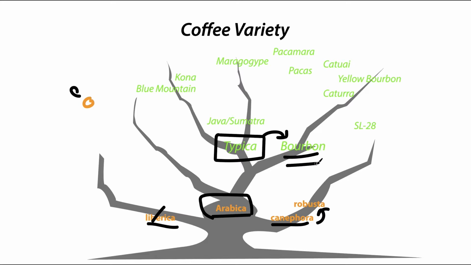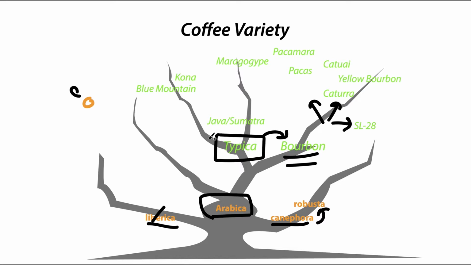From here, it started to change into these little different varieties, and that's what we have today. But we also have Bourbon, which is like the original genome-changed variety as well. And then Typica is the one that probably hasn't changed and has remained.